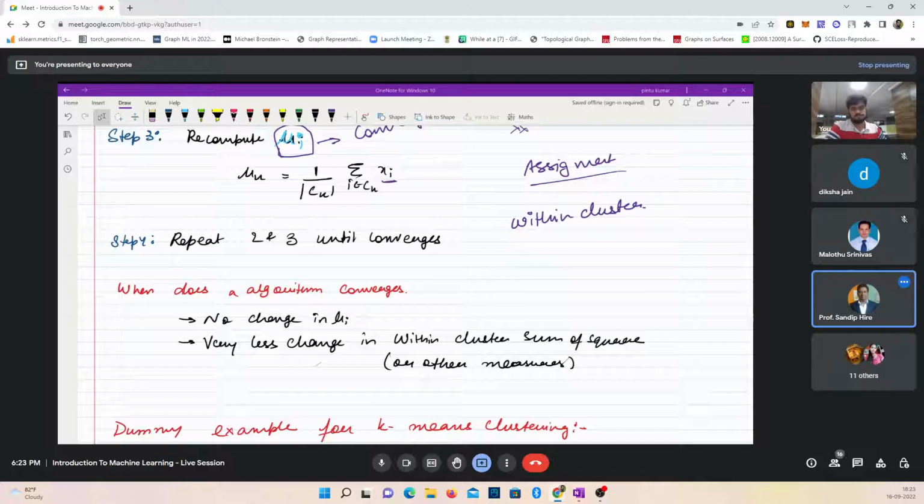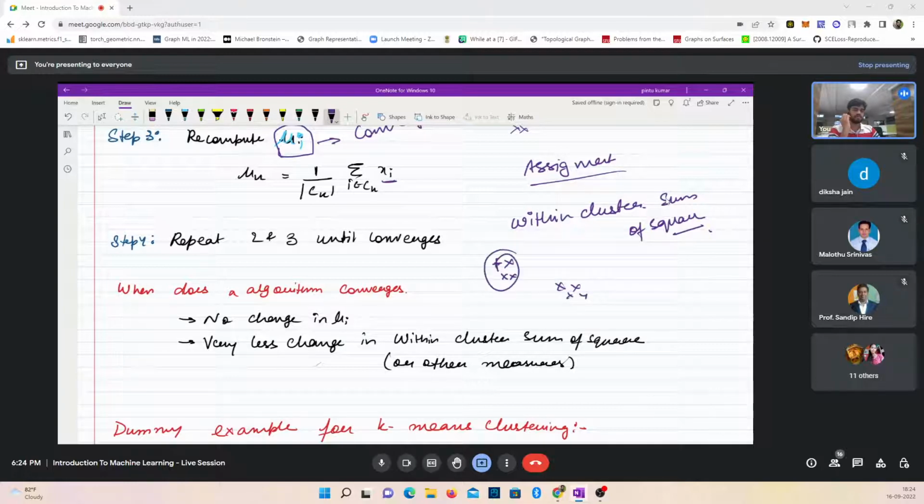Thank you. So now when we look at this within cluster sum of square distance, how do we calculate it? Whatever points are there in one cluster, let's say we had these points, there were two clusters that we formed.